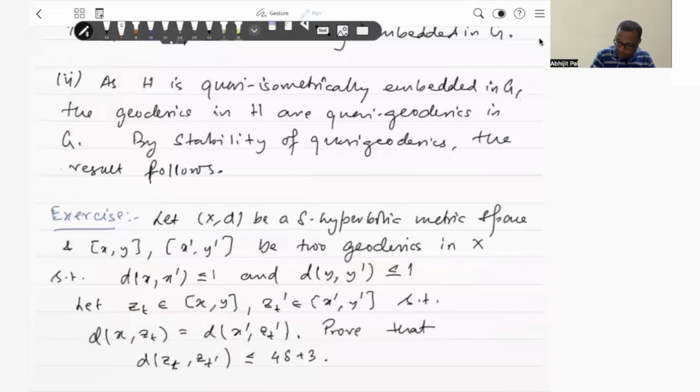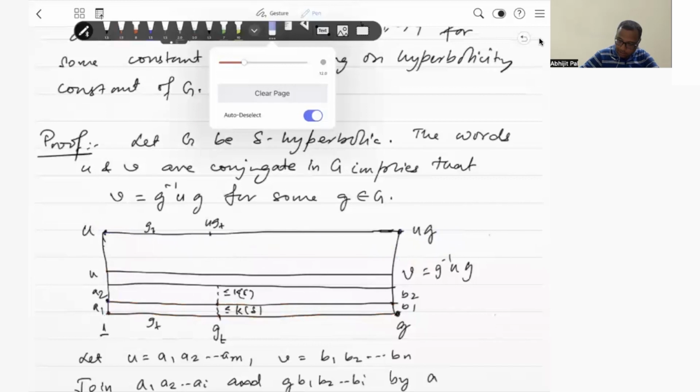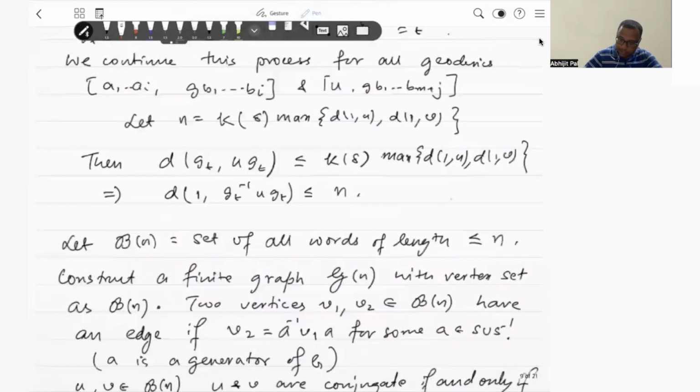So K delta is equal to 4 delta plus 3. So the distance between g_t and g_t prime will be less than or equal to K delta. This is clear from the exercise.